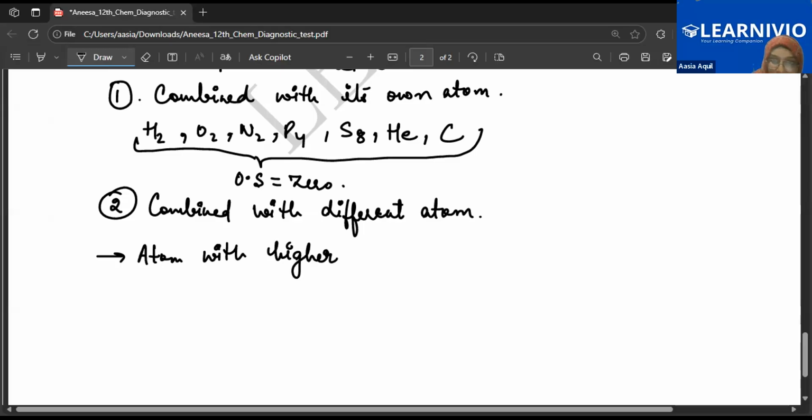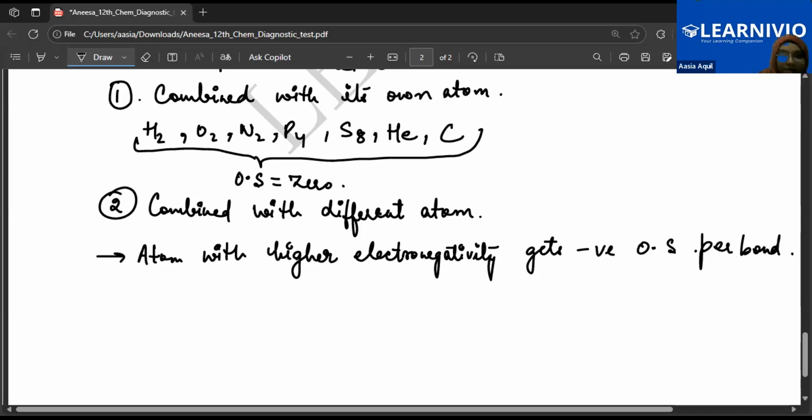The one with higher electronegativity gets a negative oxidation state per bond.